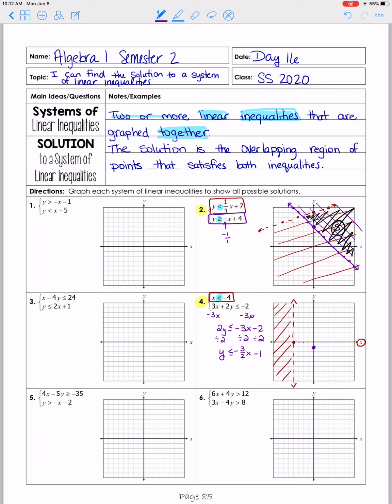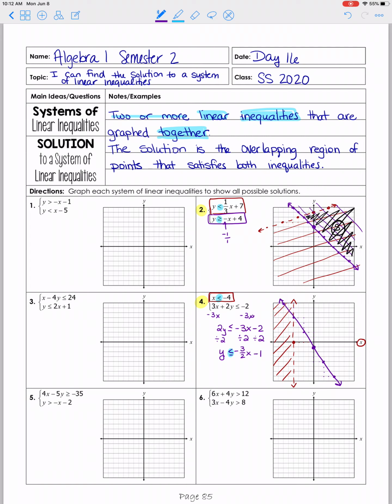And then we go down 3, right 2. Down 3, right 2. I can reverse it by going up 3, left 2, up 3, left 2, up 3, left 2. Now, my symbol is an equal to symbol, so this is going to be a solid line.